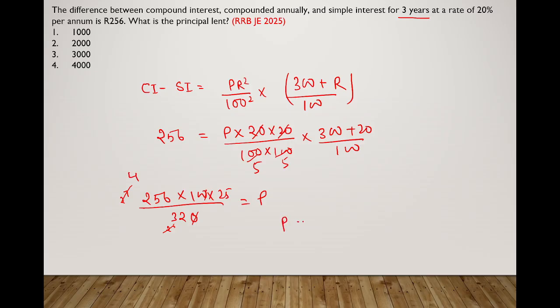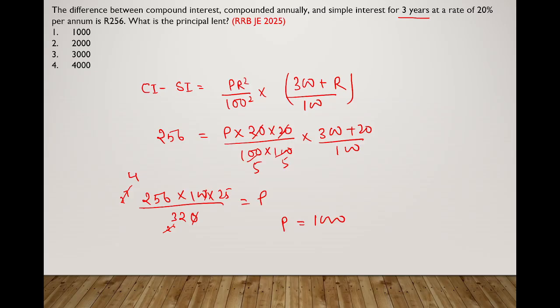2500 means is there any mistake? This is 5, this is 7. I'm making a mistake anywhere. 32, 2, 5, 100, 20. This is 100, so this is 10. I'm making a mistake maybe somewhere.